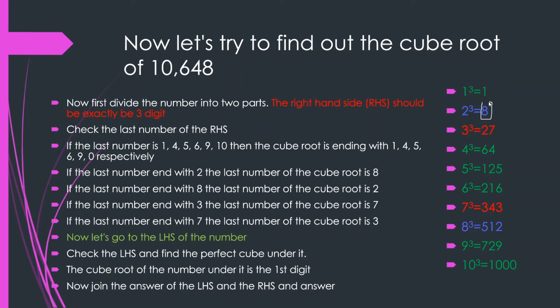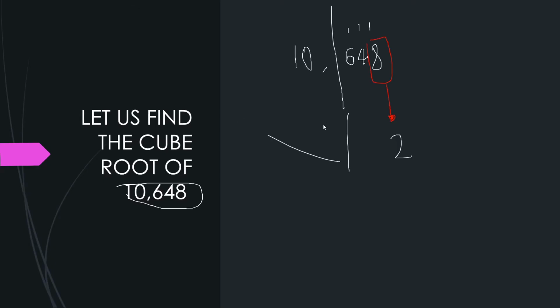We have to find the cube root of 8, which is equal to 2. Therefore the first digit over here will be 2, because the cube just under 10 is 8, and the cube root of 8 is 2.